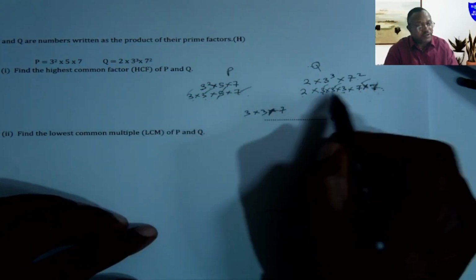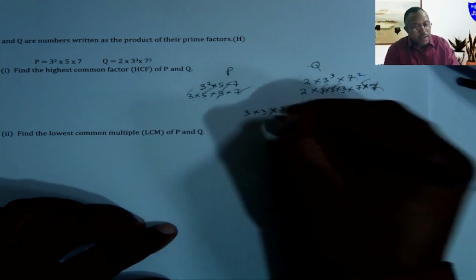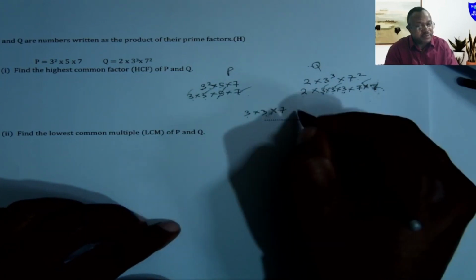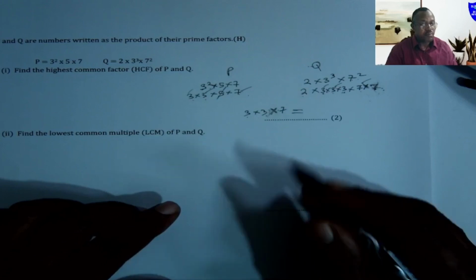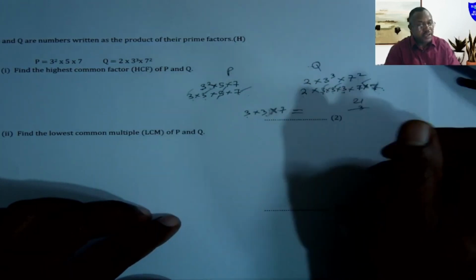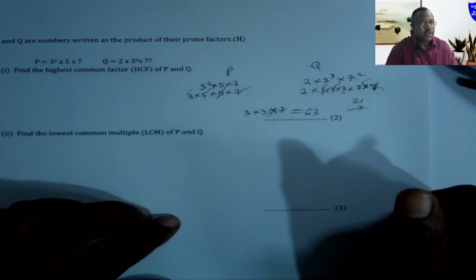are common both sides. Therefore our HCF, guys, will simply be 3 times 3 times 7, which gives us, that's 21 by 3, gives us 63.